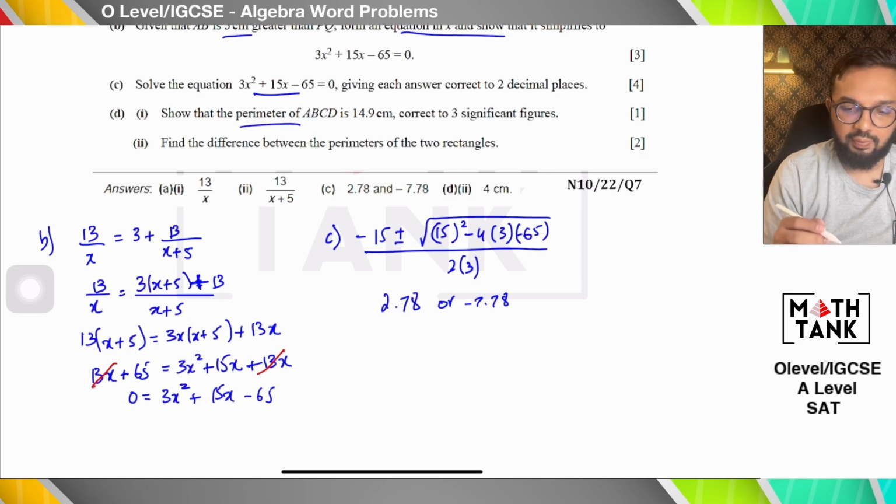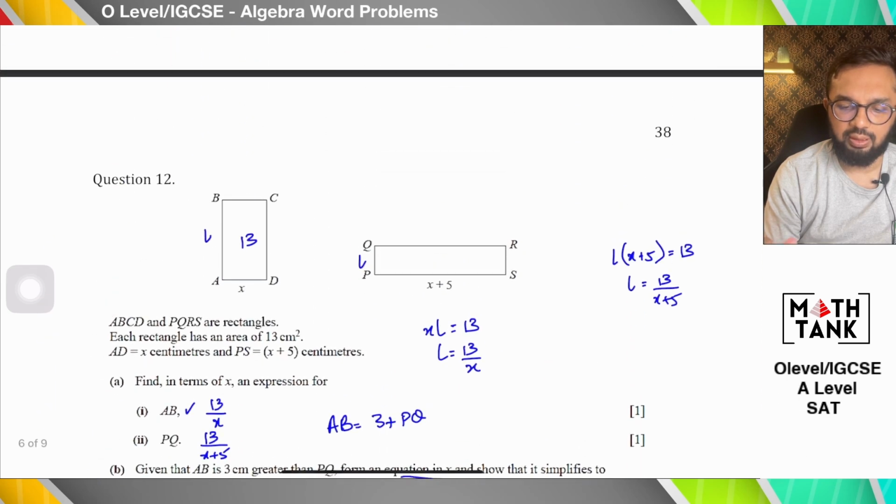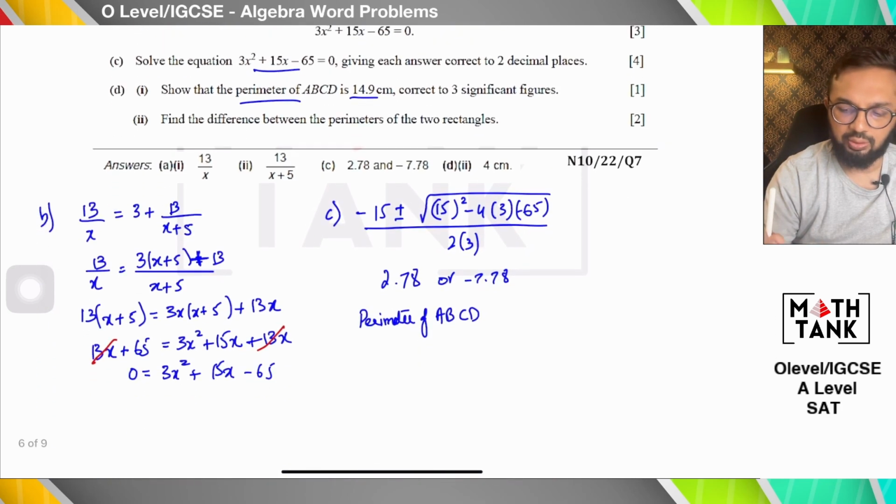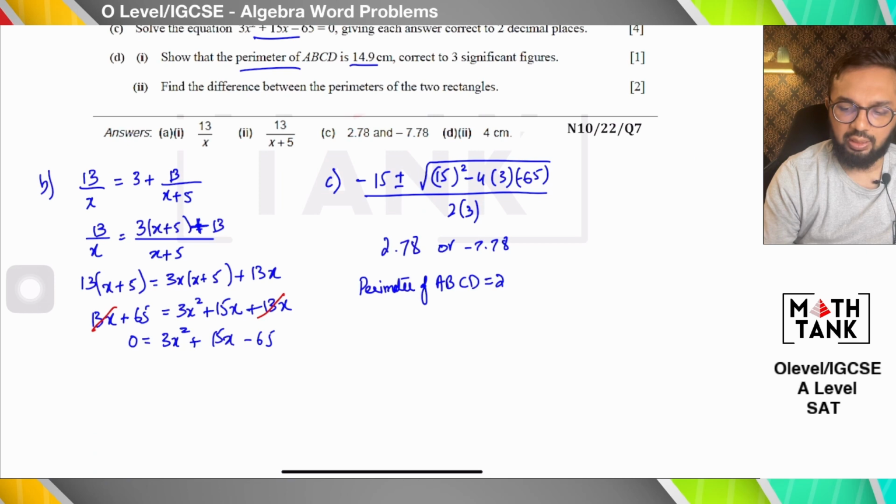Show that the perimeter of ABCD is 14.9. Okay, let's talk about the perimeter of ABCD. So I have two lengths and two widths. I think that's a simple question on perimeter of a rectangle. So 2 times L plus W. The interesting part is that I don't have L. I need to find that.